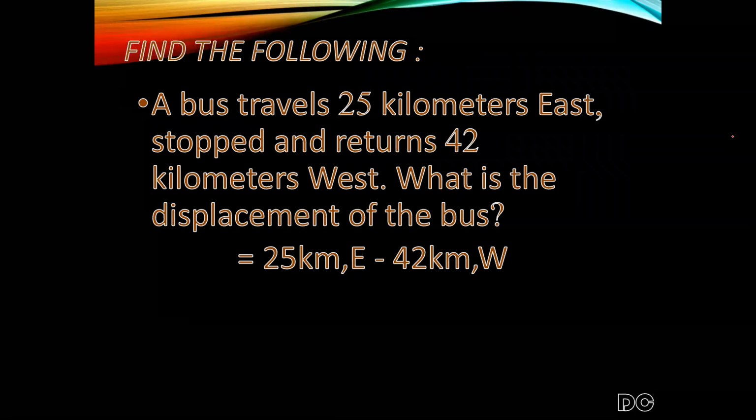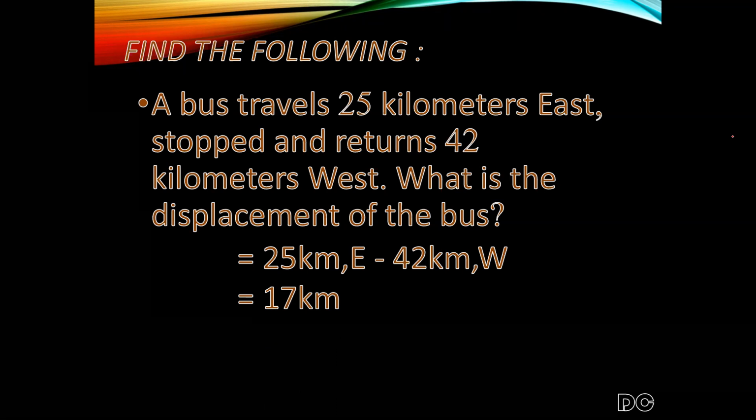Yun yung sinasabi ko kanina, we need to get the absolute value of the magnitude. So 25 minus 42, alam naman natin that it is equal to negative 17. But since we only need the absolute value, tanggalin natin ang negative sign and it is now equal to 17 kilometers. And after that, identify the direction.